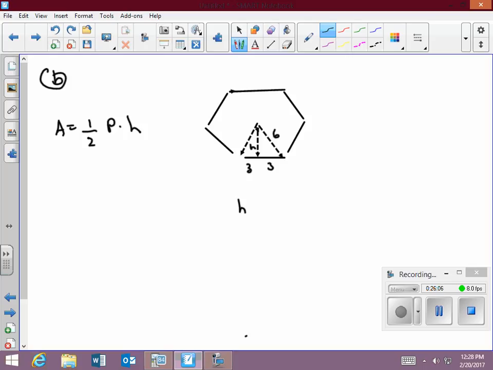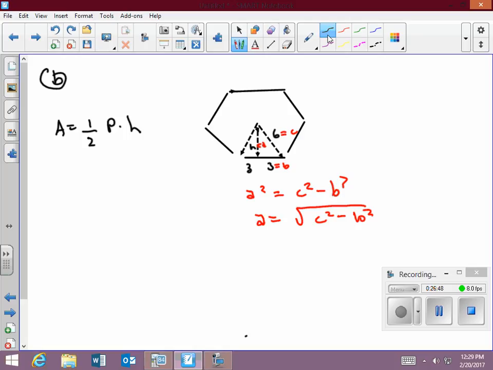Well, if you use H is equal to A, 3 is equal to B, and 6 is equal to C, then H is equal to the square root. It's going to use this relationship. A squared equals C squared minus B squared, so that A equals the square root of C squared minus B squared.